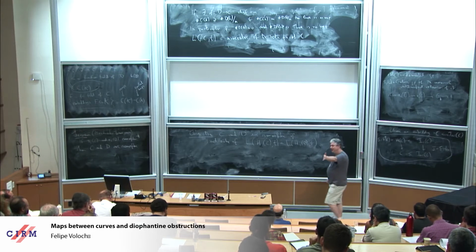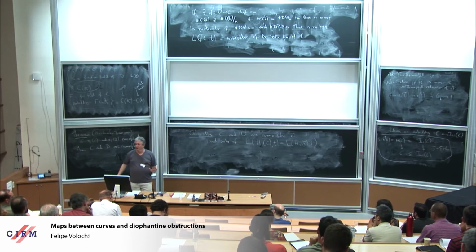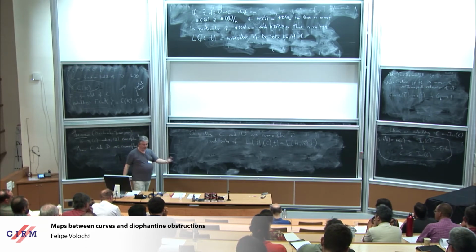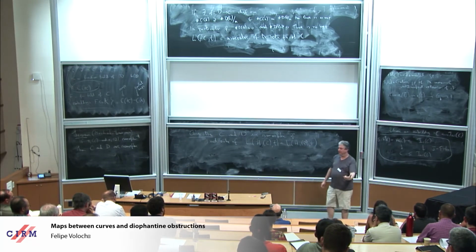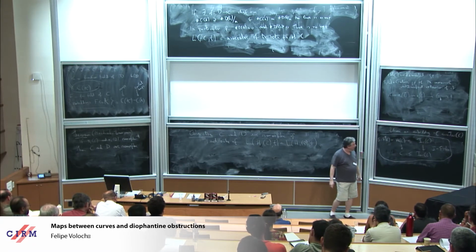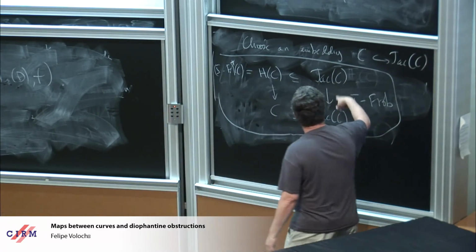For large genus, you get a chance that the map is injective, and I guess it's not known what's really happening, whether two curves of large genus can be distinguished by the isogeny class of their Jacobians. But now this guy here has a huge genus, because what's the degree of this map?